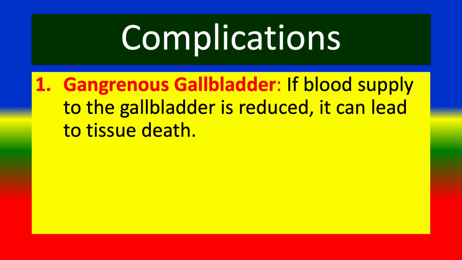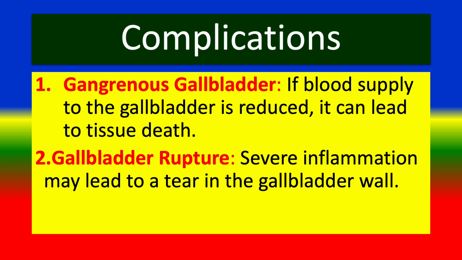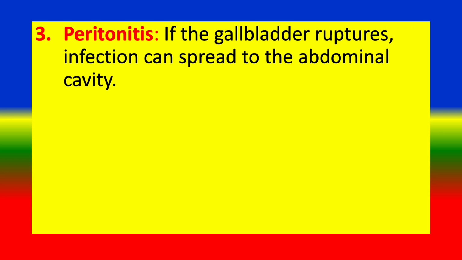Complications. 1. Gangrenous gallbladder. If blood supply to the gallbladder is reduced, it can lead to tissue damage. 2. Gallbladder rupture. Severe inflammation may lead to a tear in the gallbladder wall. 3.